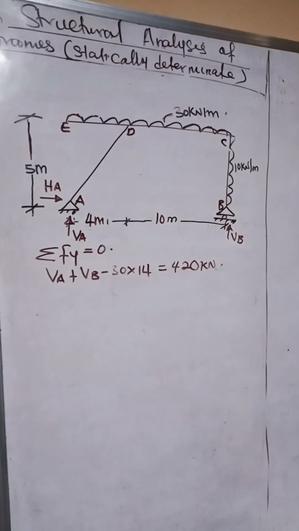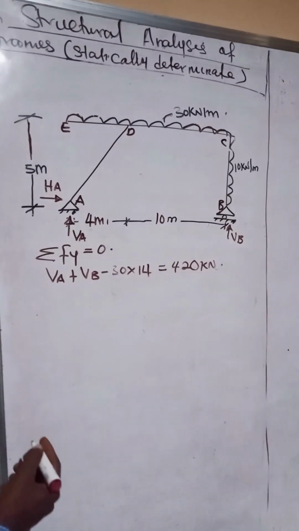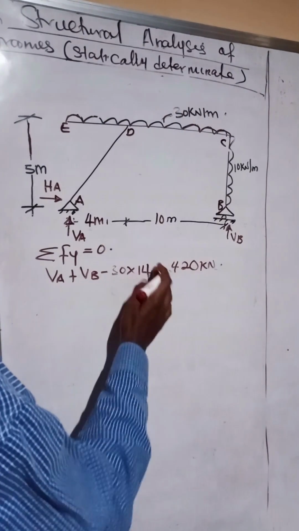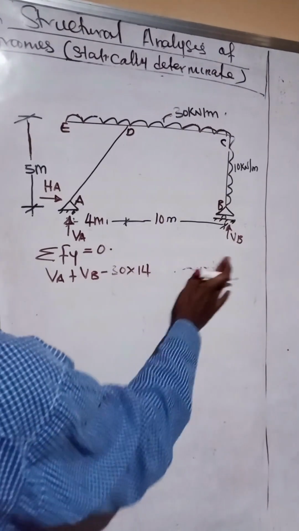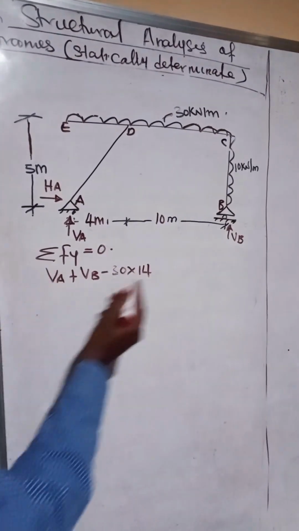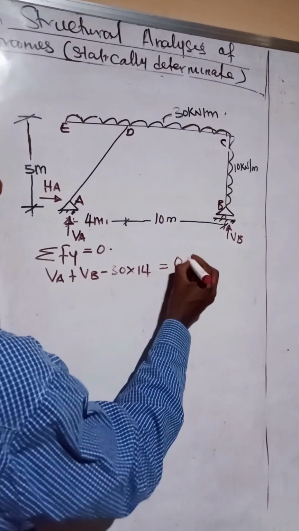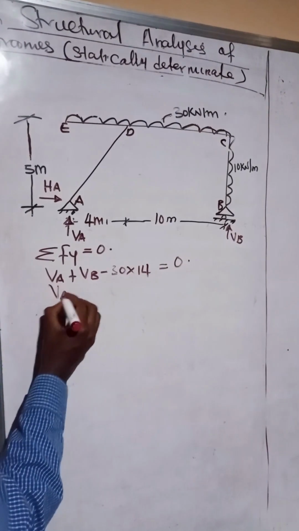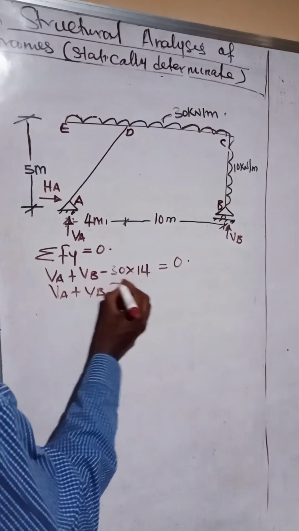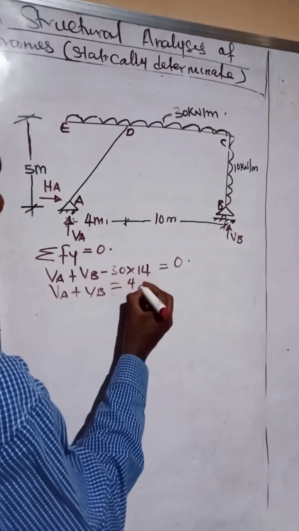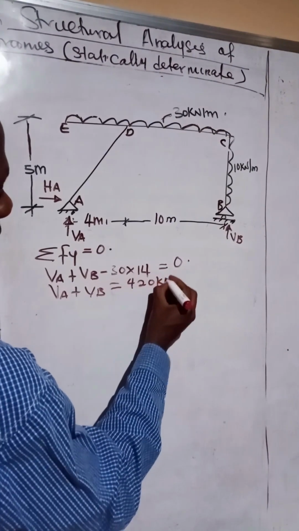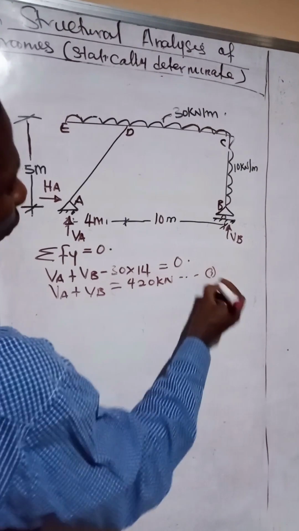This equals 0, meaning that VA plus VB is equal to 420 kilonewton. This is our equation 1.